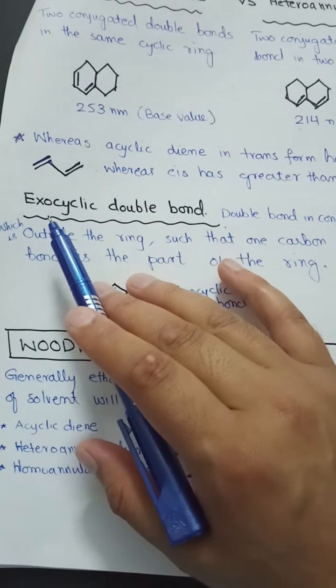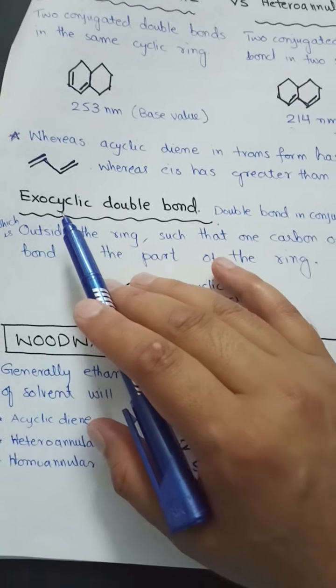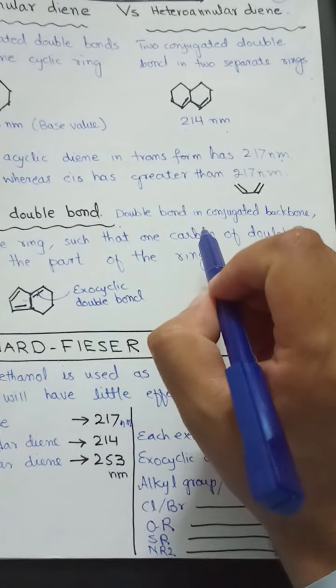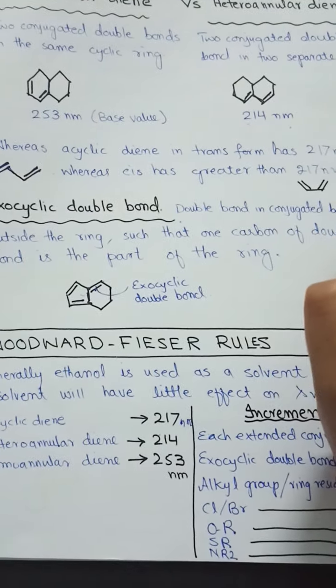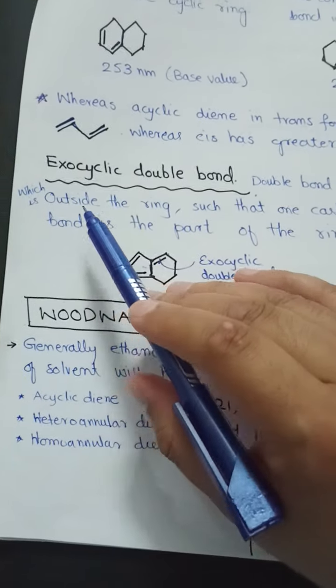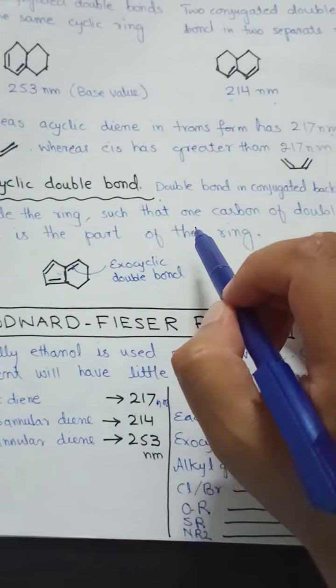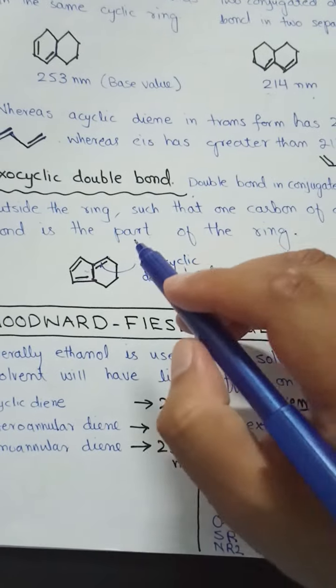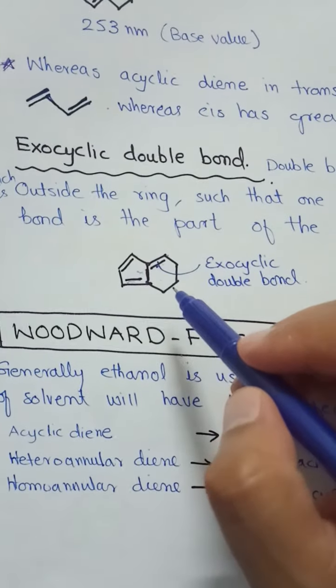The next terminology which we use in this case is the exocyclic double bond. An exocyclic double bond is a double bond in the conjugated backbone which is outside the ring, such that one carbon of the double bond is part of the ring. Here we are going to show an example.